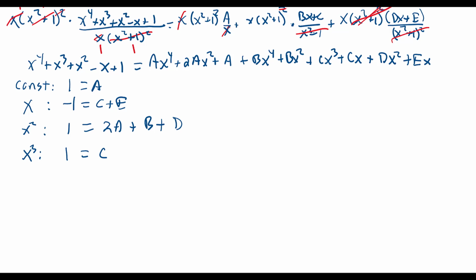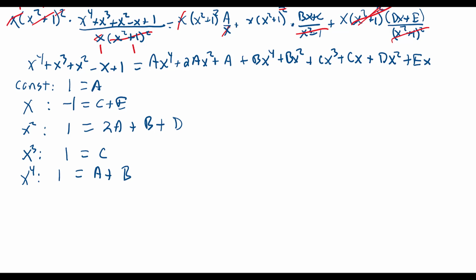Okay. And then for our x to the fourth, on the left I see a 1, and on the right I see an a plus b. Okay, so this is coming together pretty nicely because we have c as 1 and a as 1.